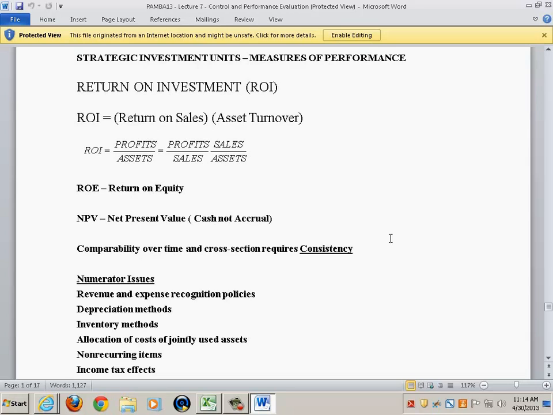And you can compare this performance for a unit over time, how much it increases or decreases over time, and you can compare this performance to comparable units, companies to other comparable companies, or investment centers within the organization comparable to other investment centers.